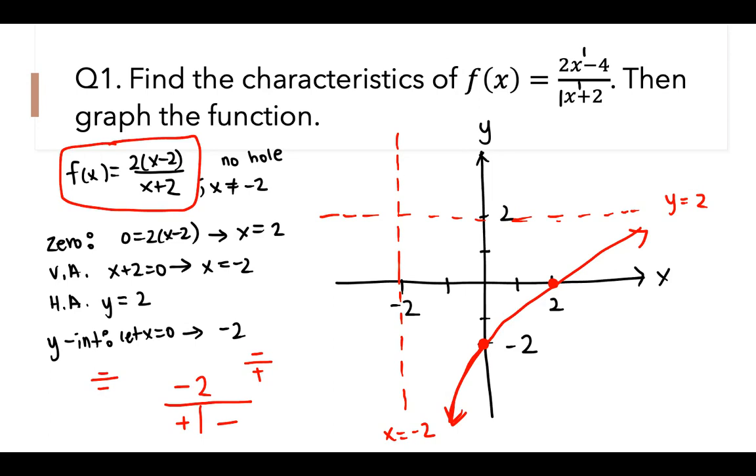Before, I set the x-axis as the reference because we were assuming the horizontal asymptote was at 0. But because my horizontal asymptote is now y equals 2, if it's positive, it means it's going to be above the asymptote. So it's going to be this way, following the asymptote.